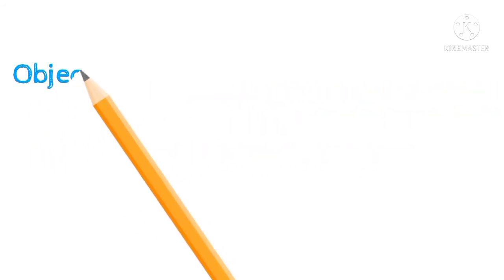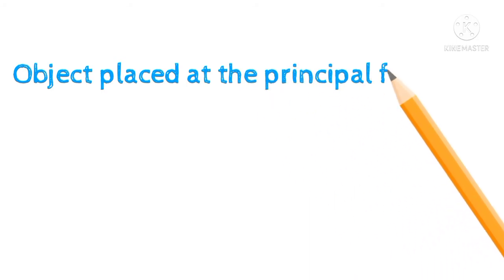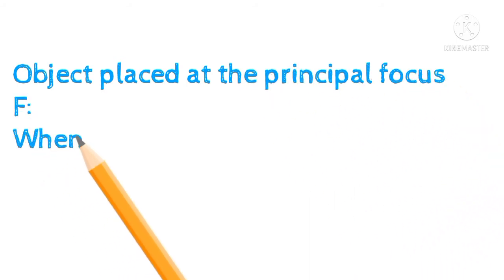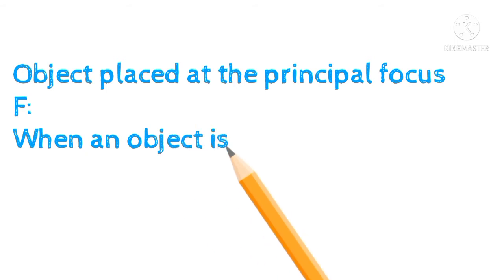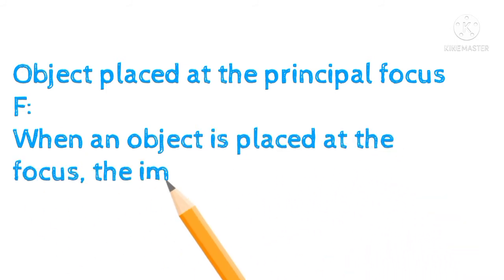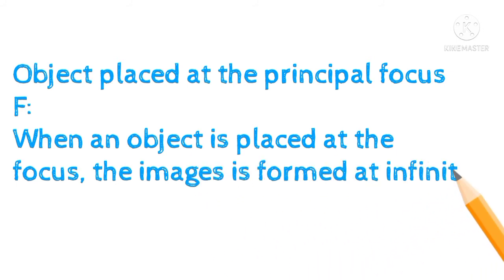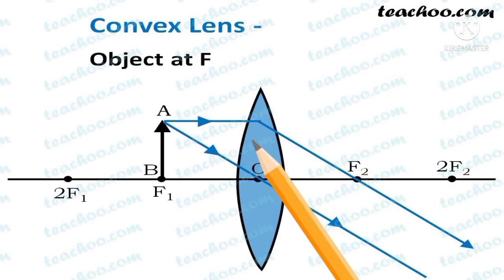The next condition is object placed at the principal focus F. At this condition, the image is formed at infinity. That is, the image is formed far away from the lens.